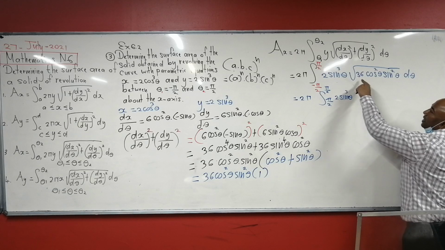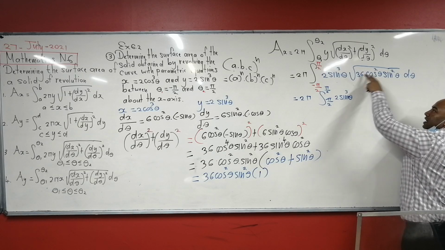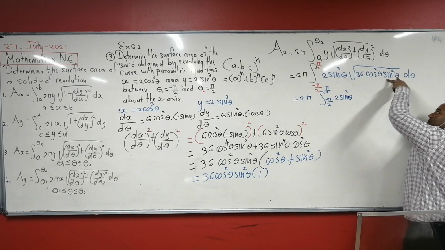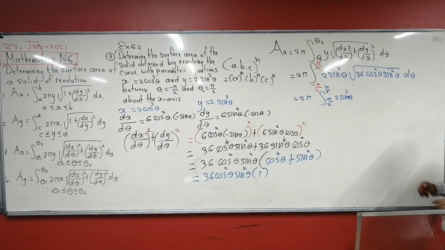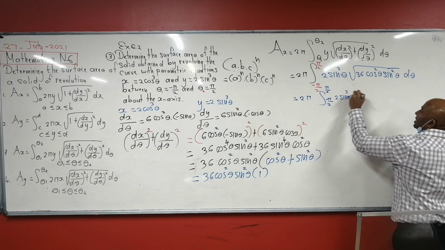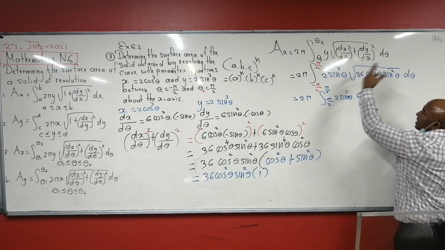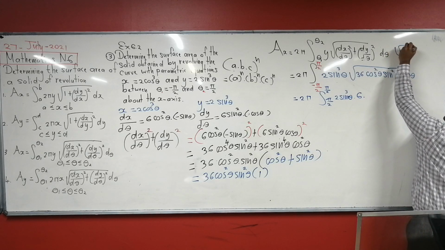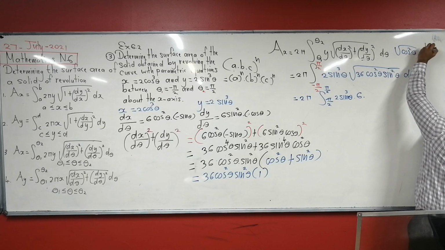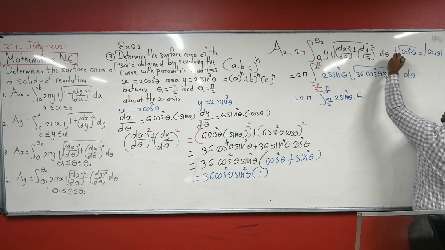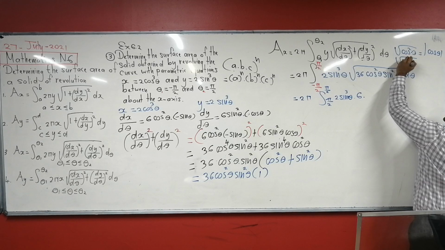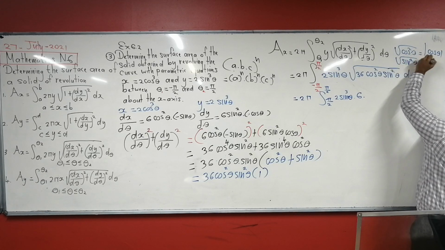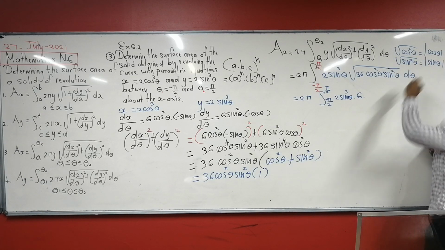So basically what's happening here is the square root of 36 times the square root of cos squared times the square root of sine squared. So that's going to be 6 times. Now I explained to you yesterday the square root of cos squared is the absolute value of cos, and the square root of sine squared is the absolute value of sine.